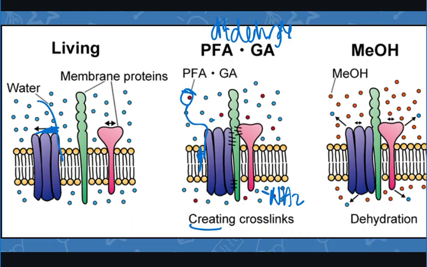And another one, class, we have the methanol fixation. Unlike the PFA, the aldehyde-based fixatives, methanol fixes by dehydrating cells. Alcohol removes the water, which causes the precipitation of proteins in place.